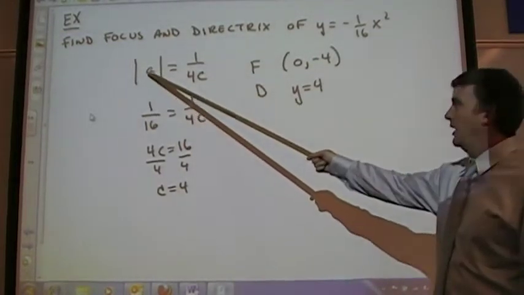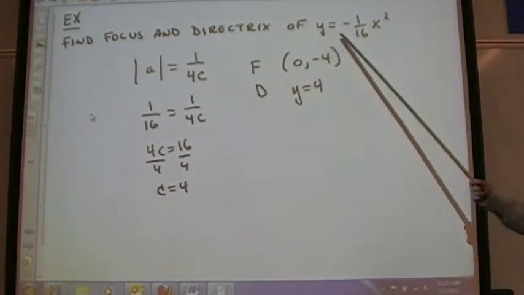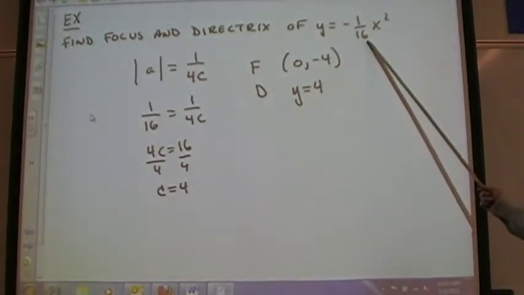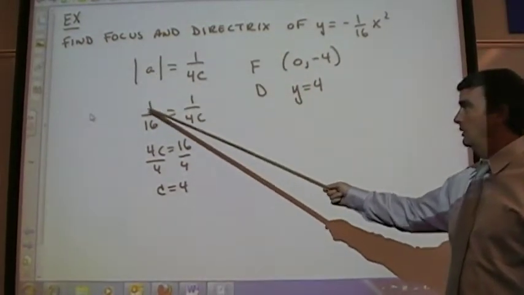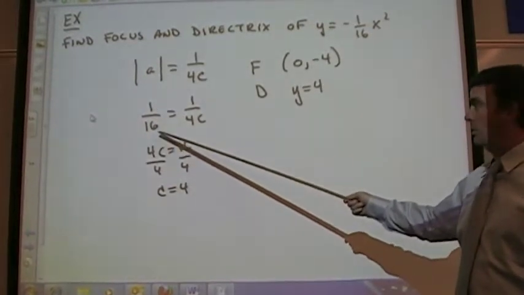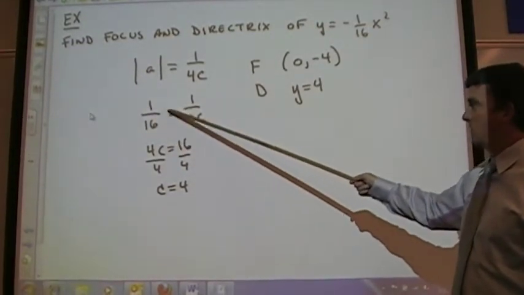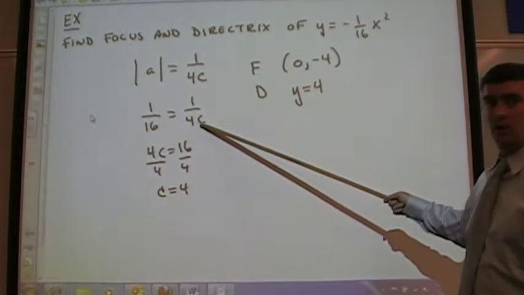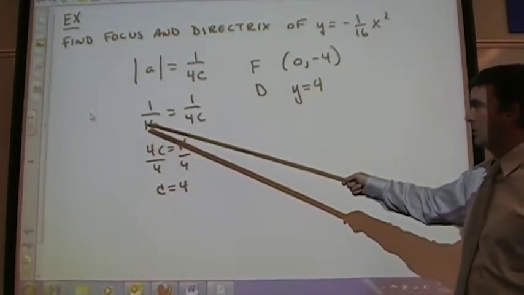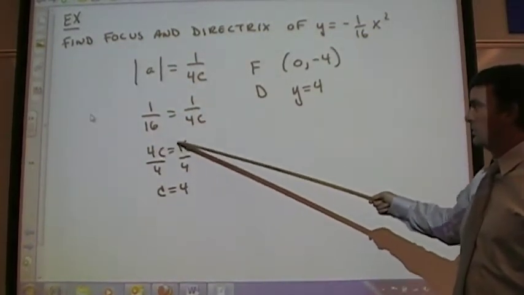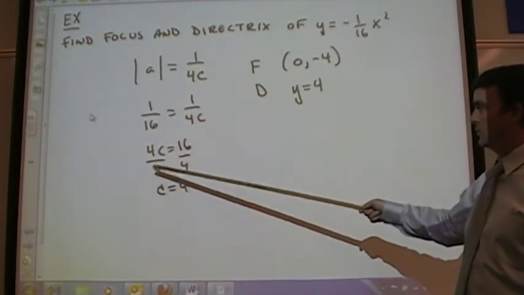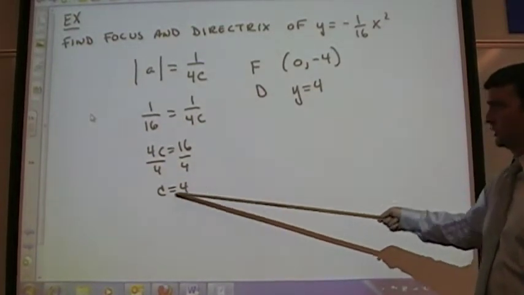What is a? Negative 1/16, right? What is the absolute value of a? 1/16. So once I get to this point, 1 over 16 equals 1 over 4c, I can cross multiply to solve for c. 16 times 1 is 16, 1 times 4c is 4c, divide both sides by 4, c should be 4.